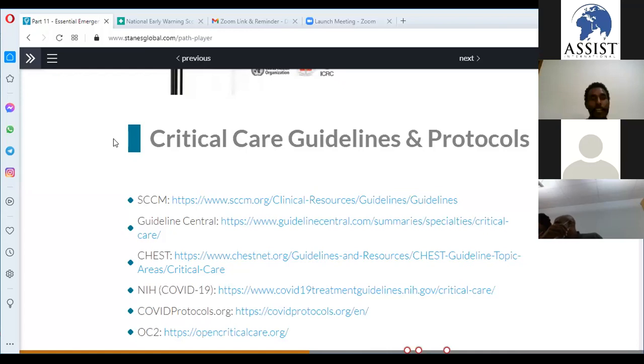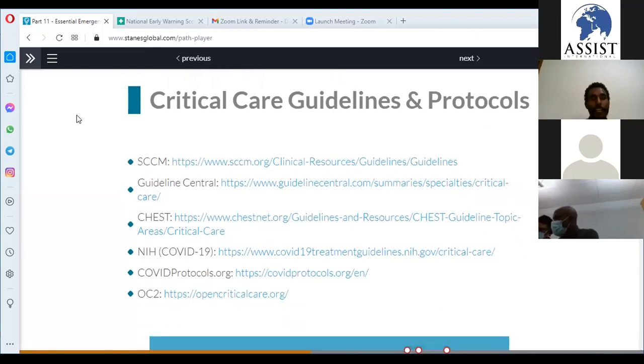And it's highly advised that you have your own protocol developed for your setup, because directly applying all the guidelines and all the protocols prepared by a different setup might not suit your setup. So adopting such guidelines and protocols to your setup is advised.